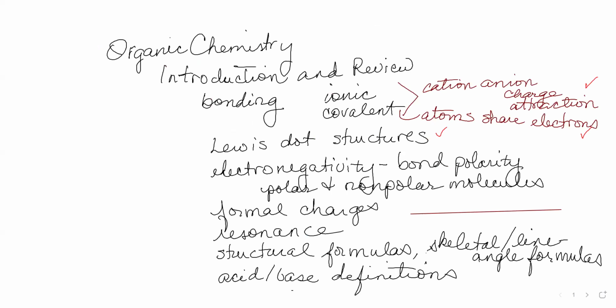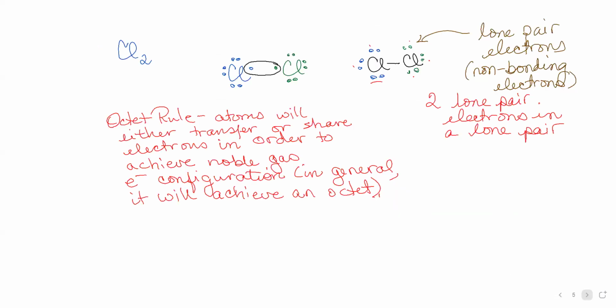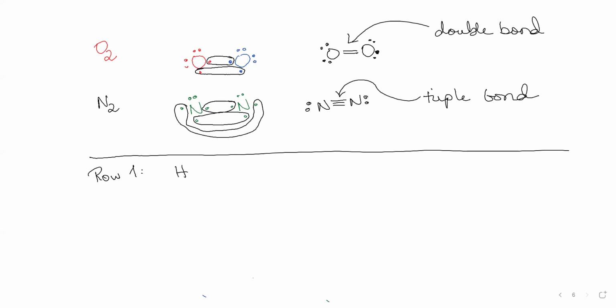So now we've done our Lewis dot structures and we've talked about the different types of bonds that we have. Just be aware for organic chemistry in particular, that row 1 elements, in particular hydrogen, can't achieve an octet. We can only have a duet before our 1s orbital is completely full, so only 2 electrons.